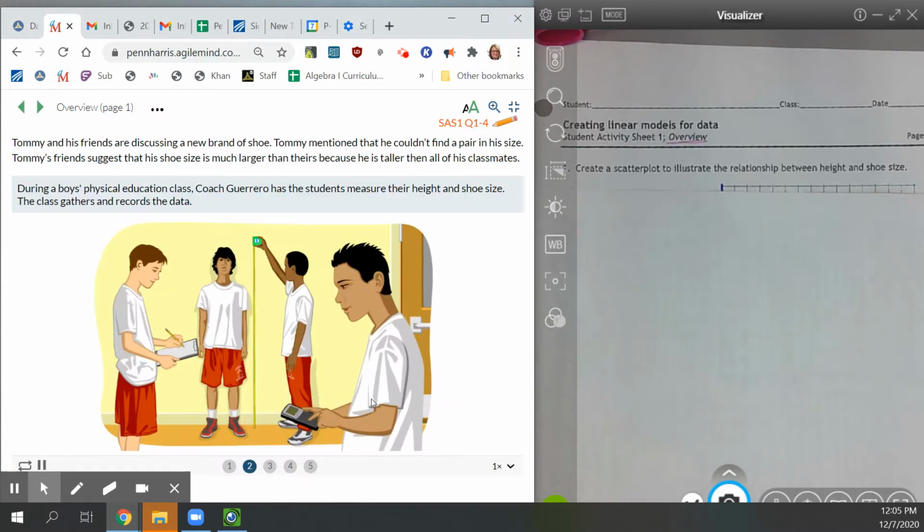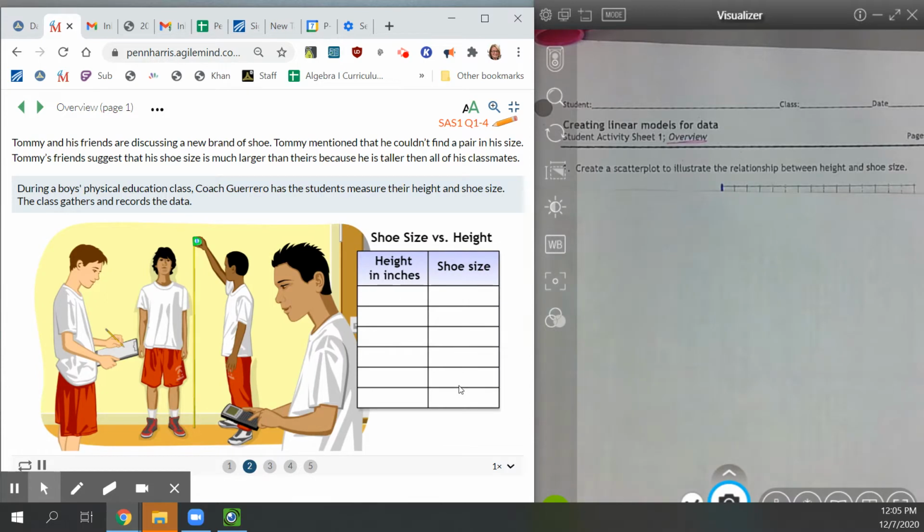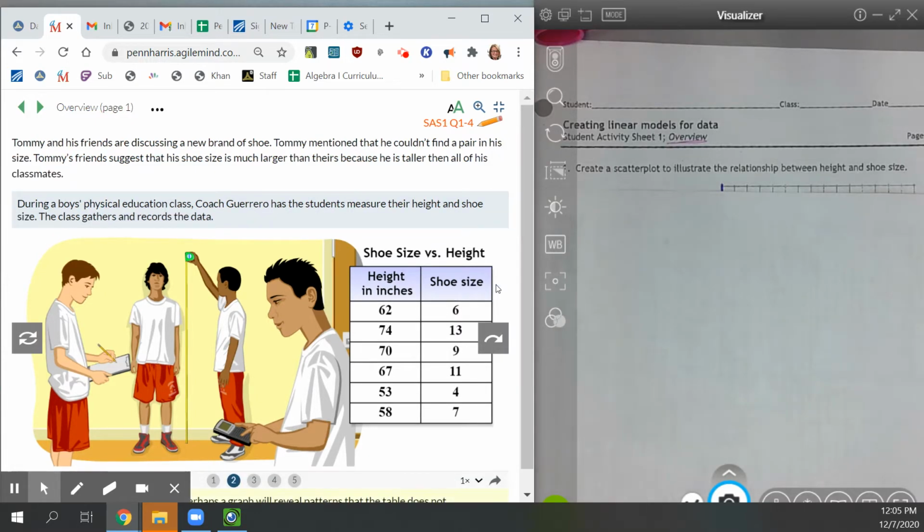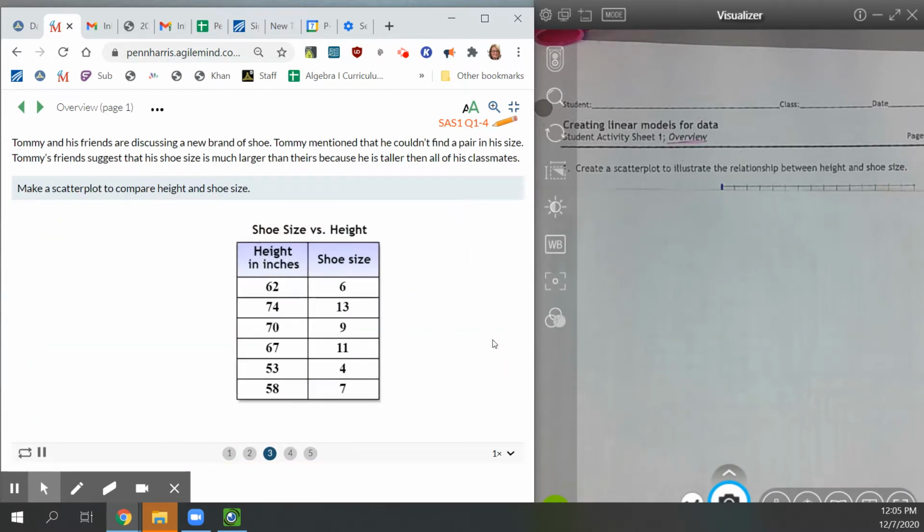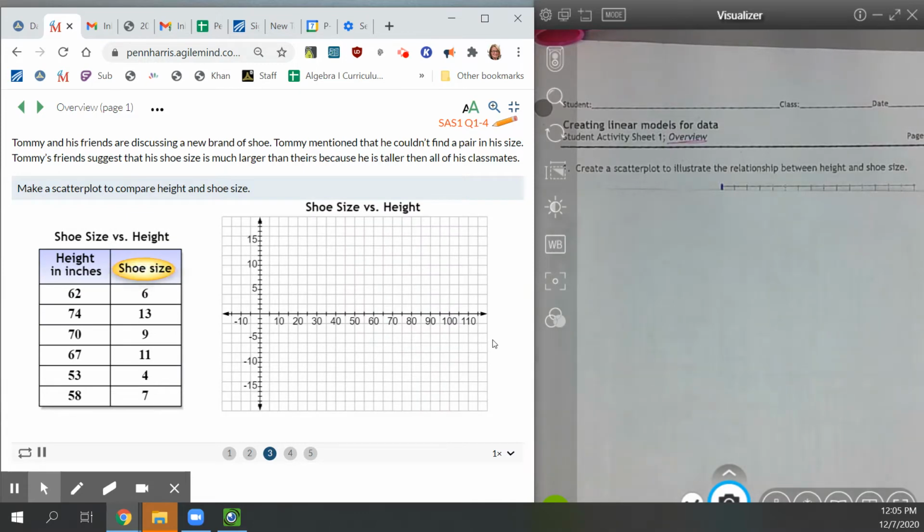So let's take a look at some of this stuff here. In PE class, what they did was they measured everyone's height and then they recorded down their shoe size. Again, if you had me back in 7th grade, you probably did something just like this. Then they took this table of the students' heights and their shoe size, and they recorded it.